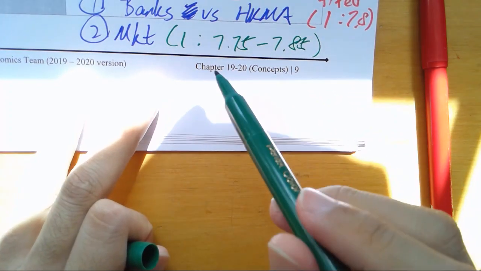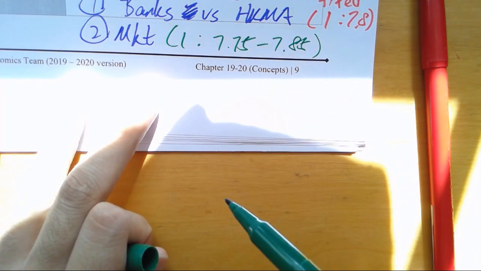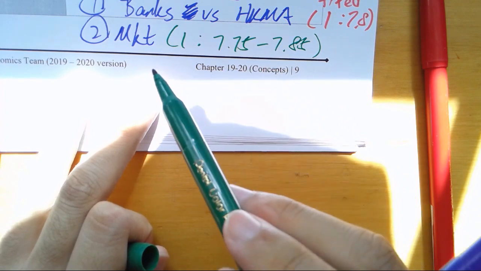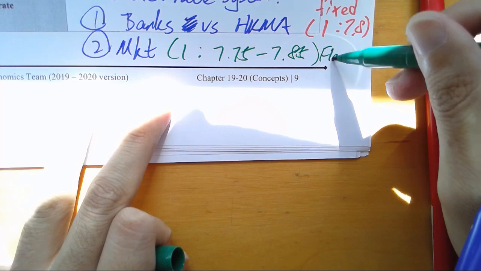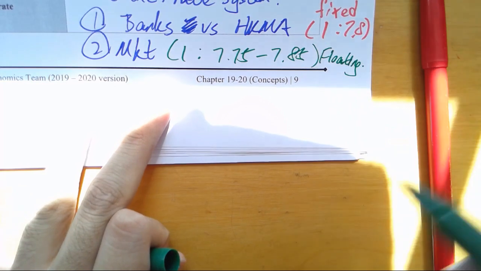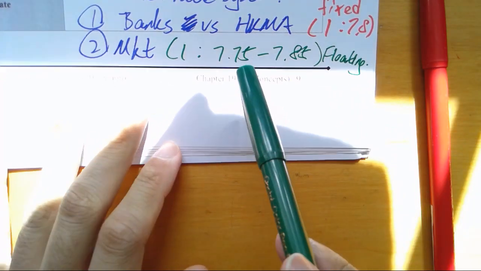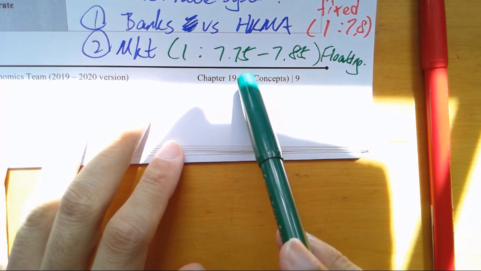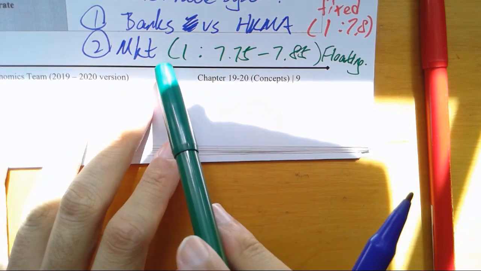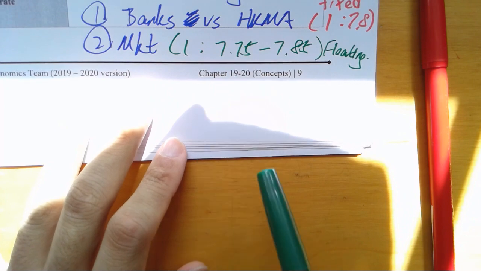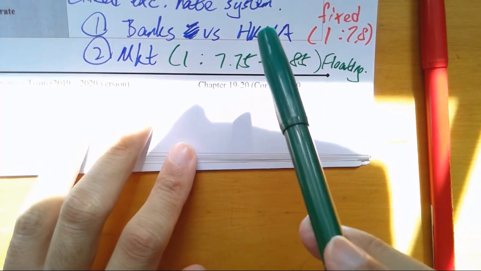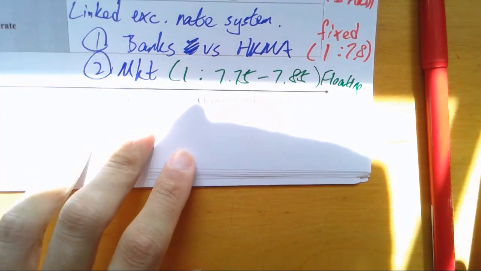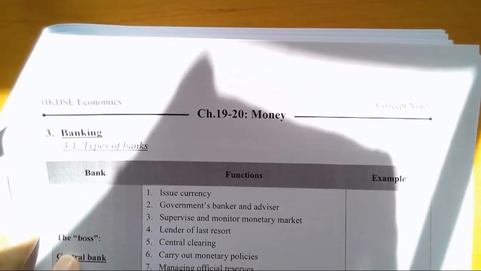Allow the market to flow within this band. Okay, if it is outside of this range, the bank and the HKMA will do some intervention. Okay, but you see, it's not completely fixed. Again, in Form 6, we learn more. So let's skip it.